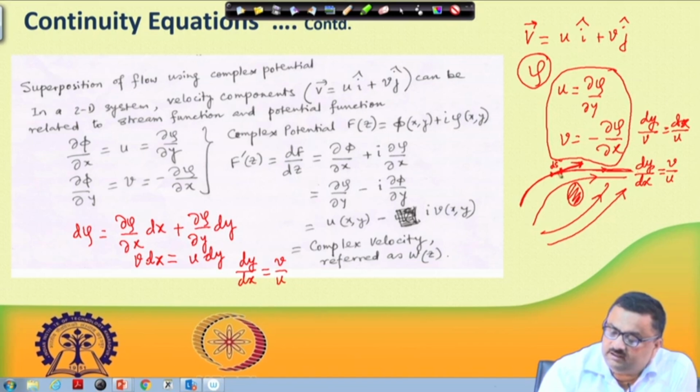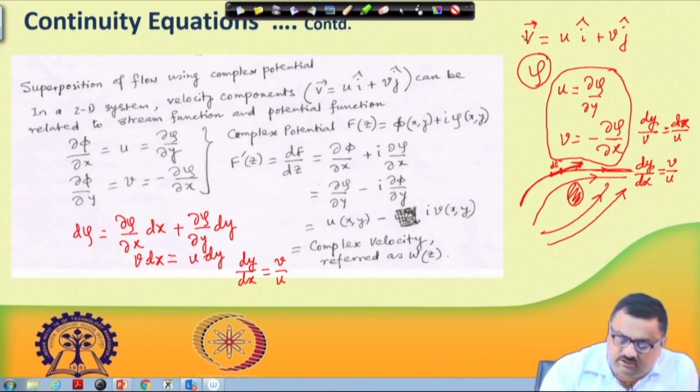So, this segment ds is dx i hat plus dy j hat. On the other hand, the velocity has u i hat plus v j hat. So, we are saying dy/v is equal to dx/u. So, essentially we are saying that this tangent is showing the same direction as what is given by the velocity.